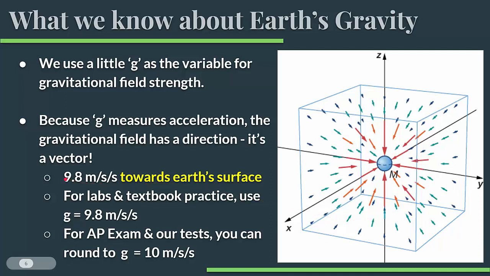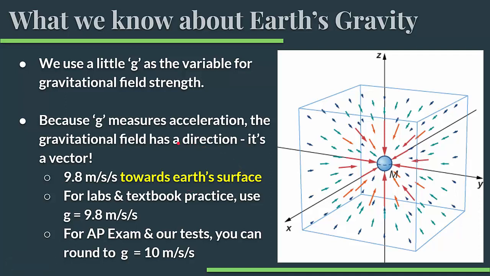And so depending on the scenario that you're using, you might define toward Earth's surface as your positive direction, or you might define it as your negative direction. But your little g, your gravitational field strength, or your acceleration due to gravity, will be 9.8 meters per second every second toward the surface of the Earth.